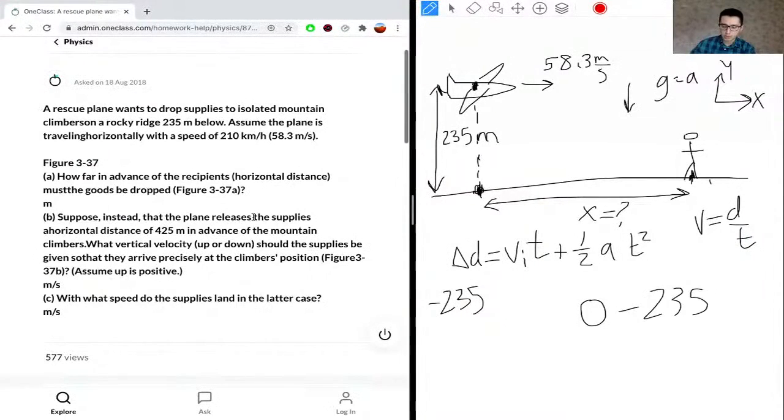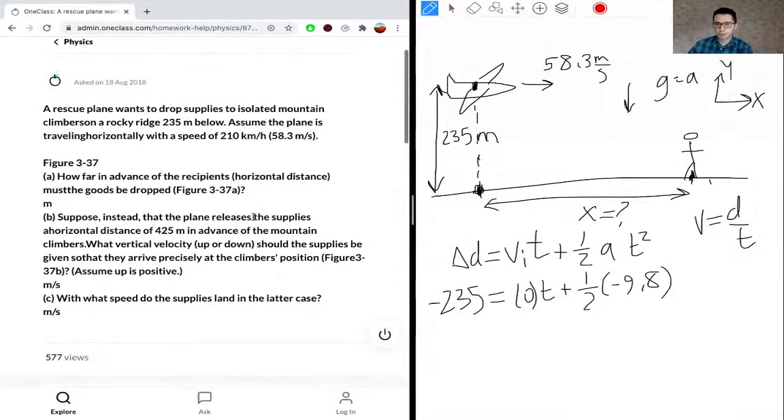So 0 minus 235 is just negative 235. And then vi, the initial velocity when we drop it, is just 0. And we have time, plus a half. Acceleration is negative 9.8 meters per second squared, because acceleration is pointing down, so we put a negative sign. The package is going down, so the change in distance is negative. And t squared.